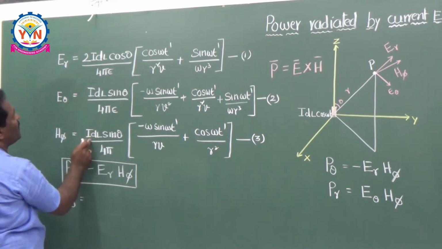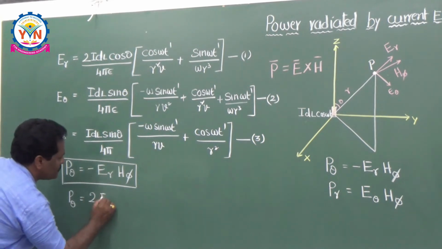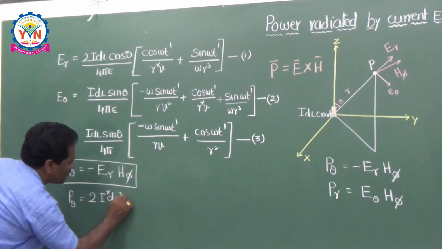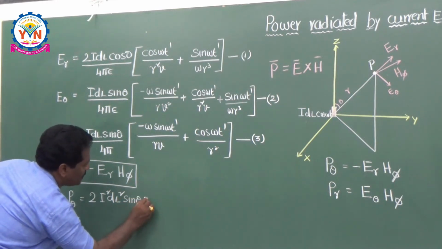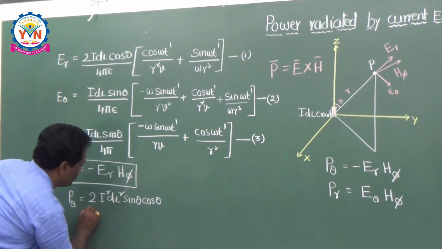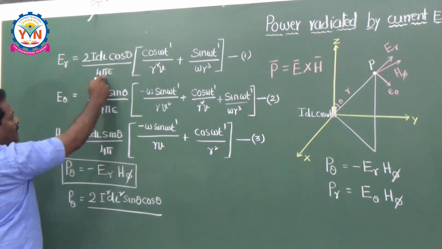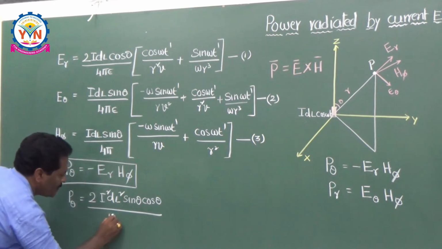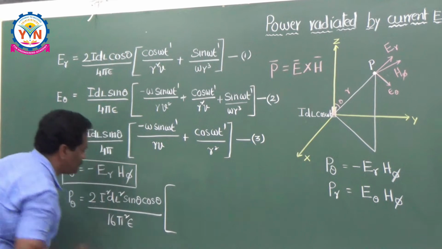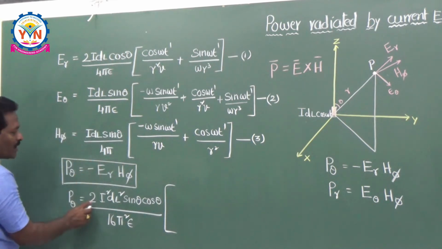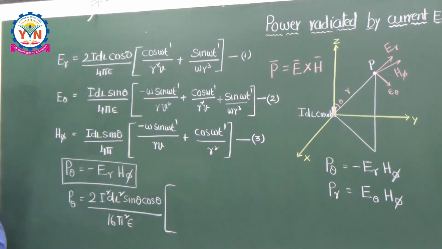So you can say 2 sin theta cos theta, later we can write sin 2 theta also.